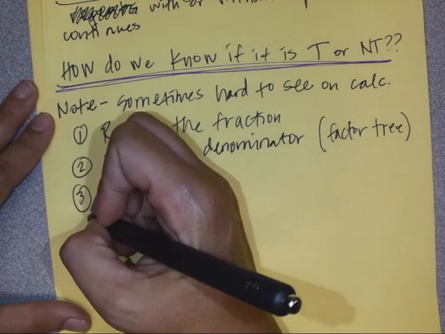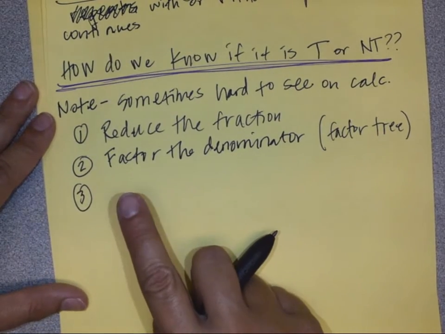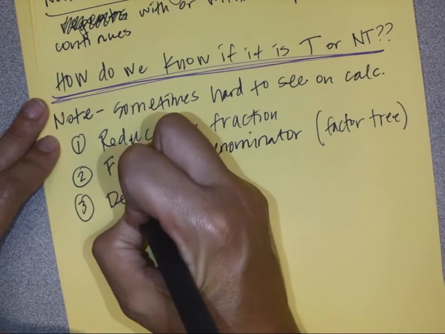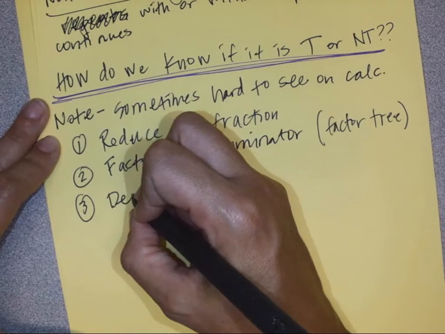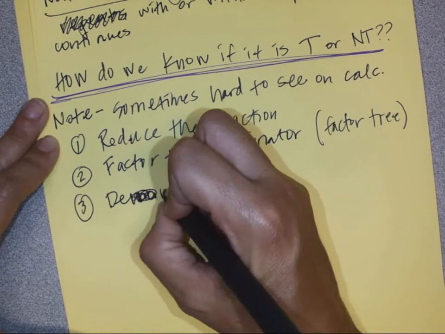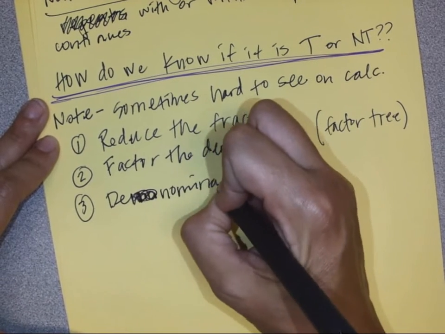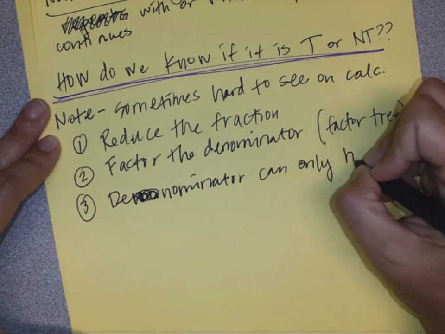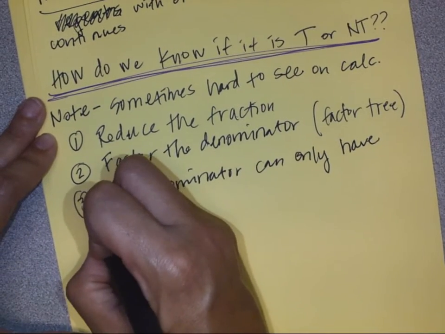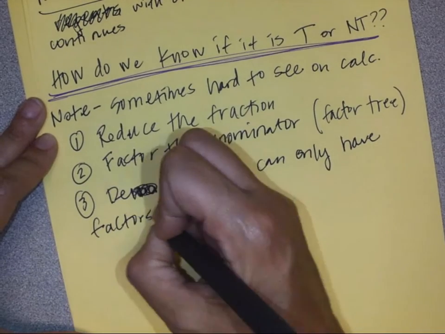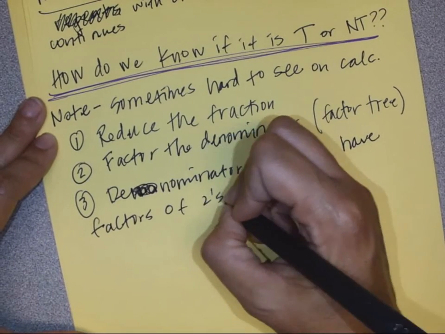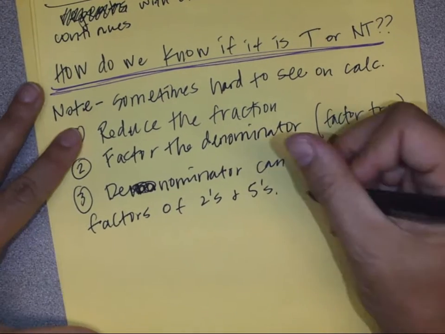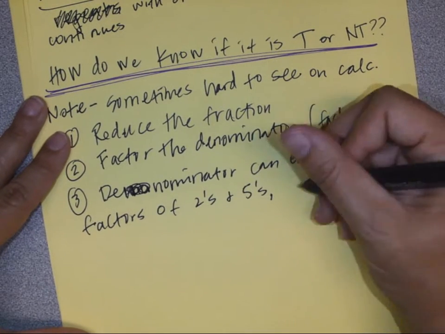The denominator can only have factors of 2's and 5's. And if this is the case, then it is a terminating decimal.